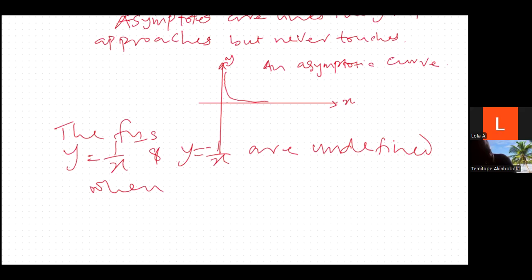I didn't get that. You are breaking. When do we say a rational function is undefined? When it doesn't touch the X, Y axis, isn't it?